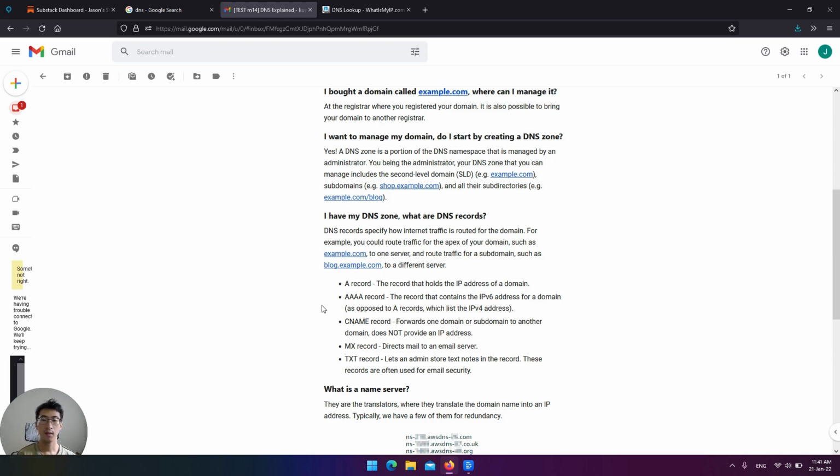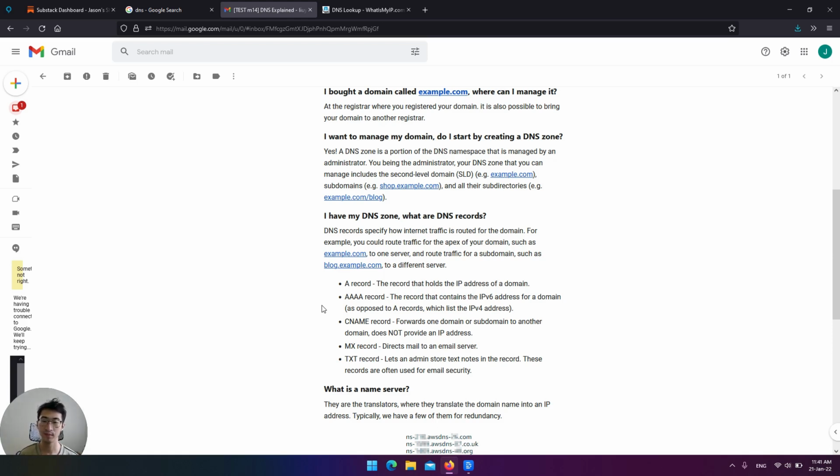And to start, the A record, which you can use for your example.com, holds the IP address of your domain. And the AAAA record is for IPv6 addresses, which is a more advanced version of the IP address system. Instead of the current IPv4, you're using IPv6, and this will be the future where you probably will replace the IPv4 system, and it will contain the IP address of your domain.